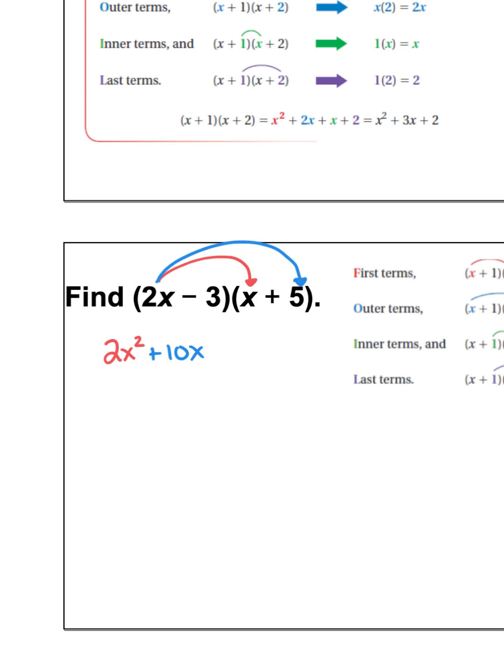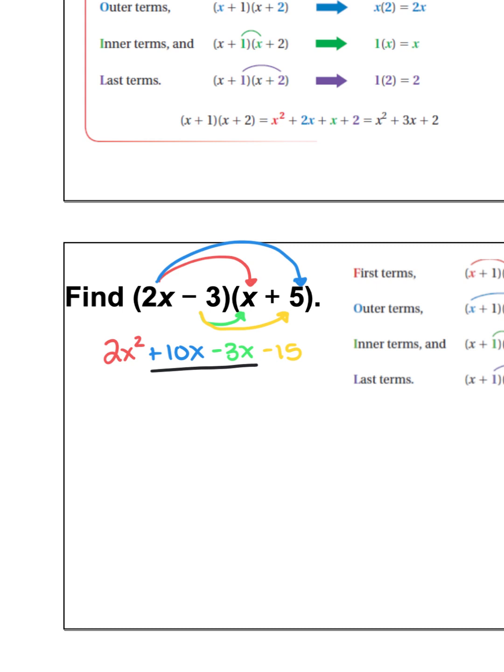Then you move to the inner terms, inside. Negative 3 is on the inside and x is on the inside, so negative 3 times x is negative 3x. And then the last terms in each set of parentheses, which is negative 3 and 5, and negative 3 times 5 is negative 15. Your last step is always to combine any like terms that are there.